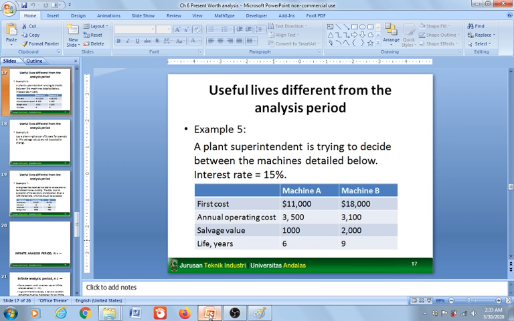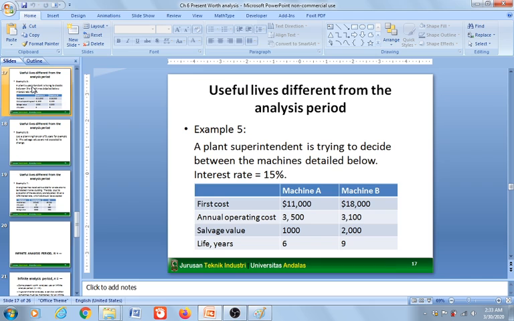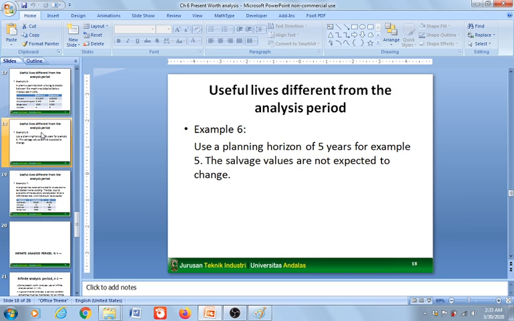Now let's take a look at example 6. For example 6, we will do present worth analysis for machine A and machine B that we have in example 5, but the planning horizon is just 5 years.